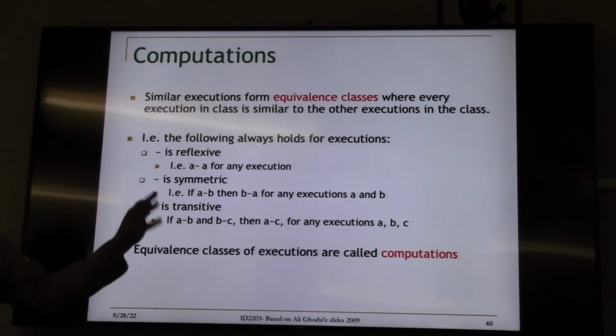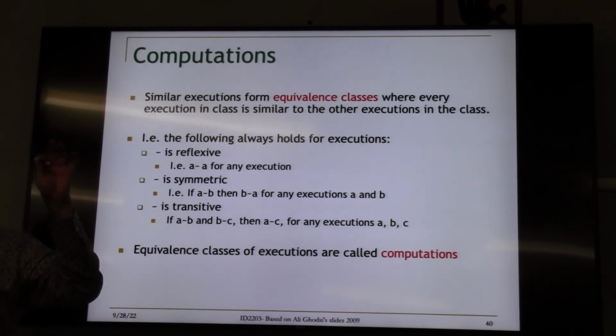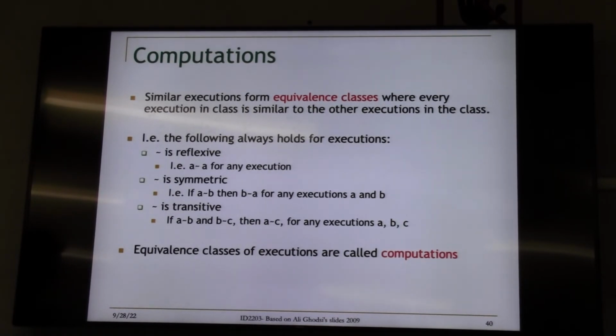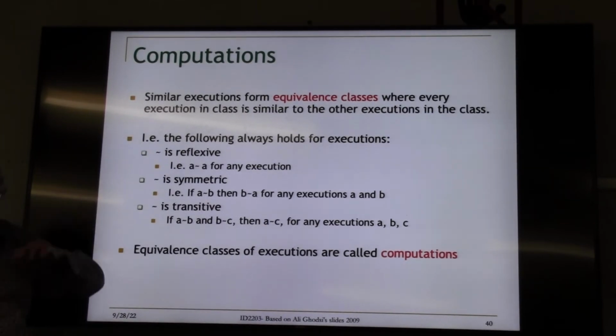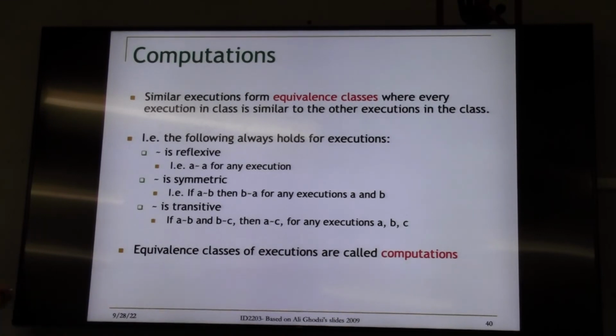We have a whole bunch of executions that are different, but causally they're the same. This is actually an equivalence class. All similar executions are an equivalence class, and this class is called a computation.